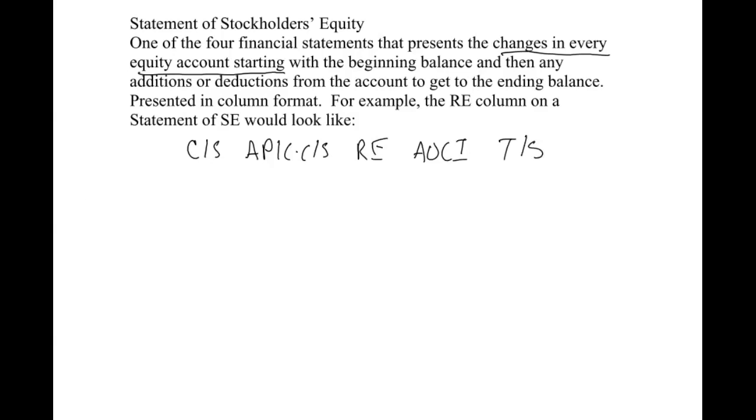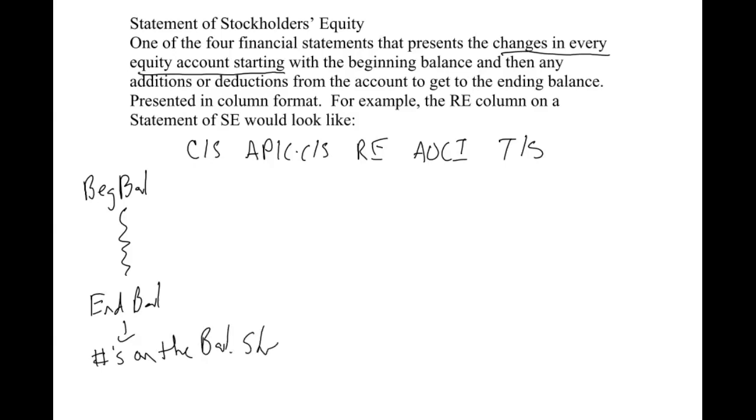Then it takes your beginning balance, and then it has the additions and the deductions to get to your ending balance. This ending balance will match up with the numbers on the balance sheet. If you go to the equity section of your balance sheet, all the numbers for the ending balance coming across are going to match up with those numbers. So all this is a reconciliation of how we got from the beginning to the end.